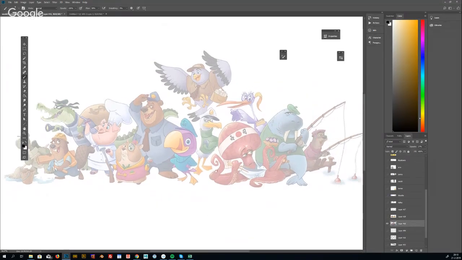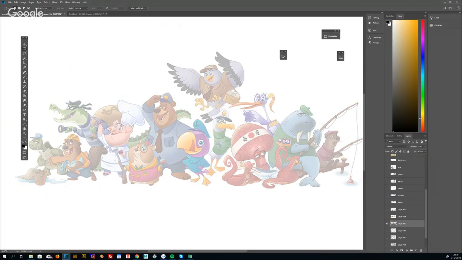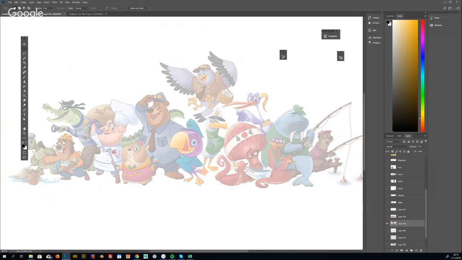Here, this is a lineup I also made some time ago, I think a year ago or something. And the fun thing is that, you can see, it's a fishing village. But some time ago, I took it to a place where you could show your portfolio to professionals, and then they can give feedback.